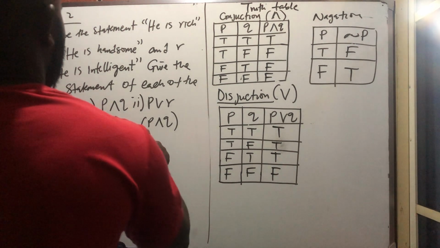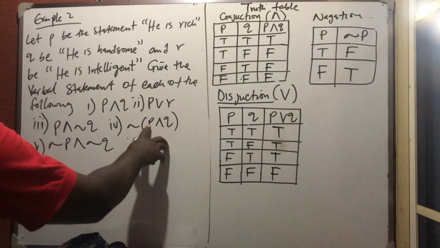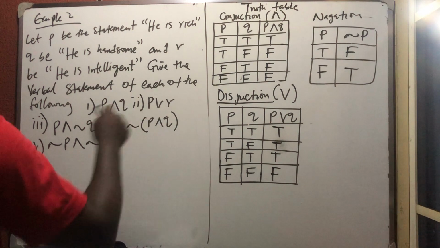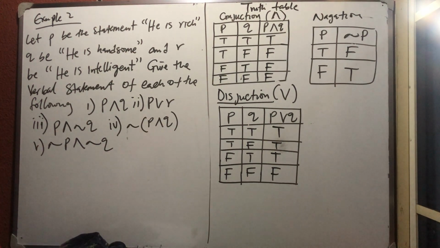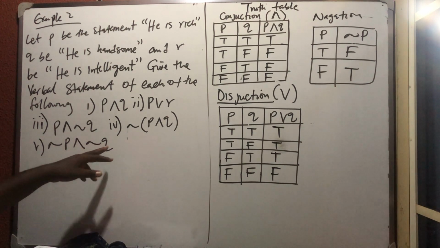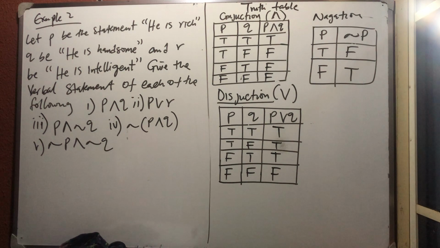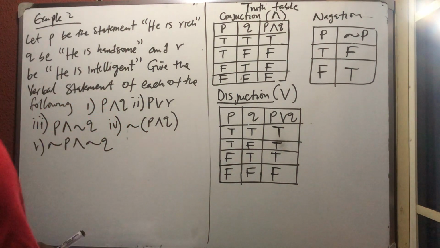Why this one is that it is not true that he is rich and handsome. And this one is that he is not rich and he is not handsome. Or he is neither rich nor handsome.